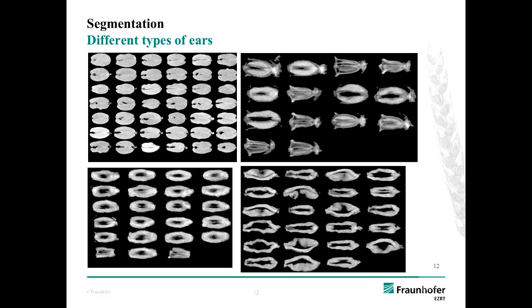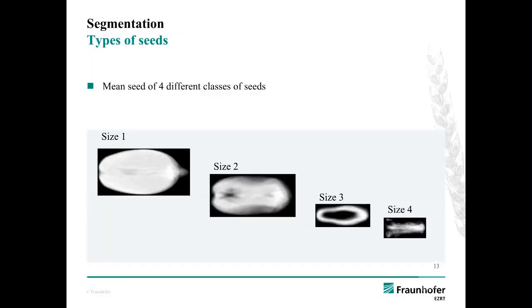So for the algorithm, we did 4 different classes of the seeds. So we have the class 1, which are the fully developed, nice wheat seeds.